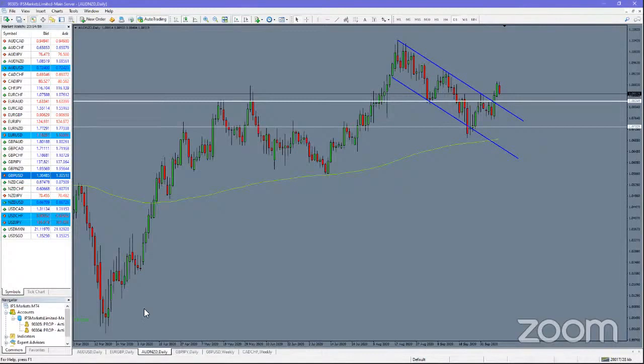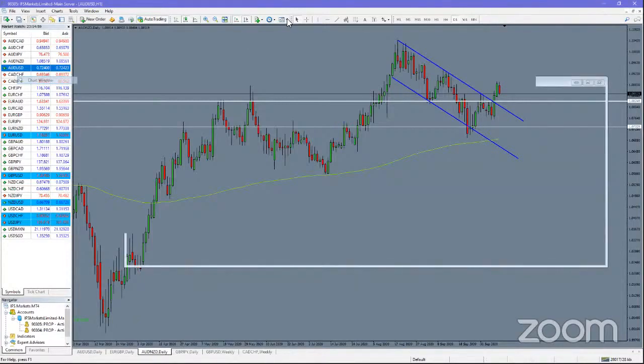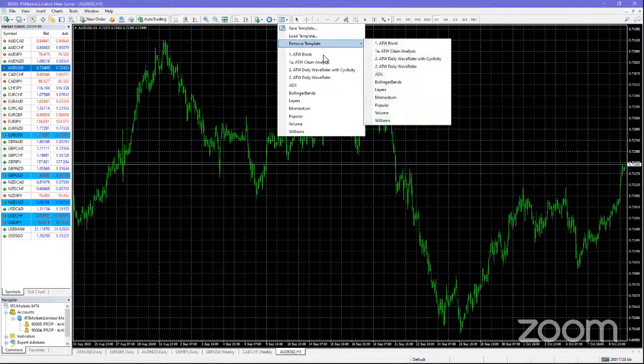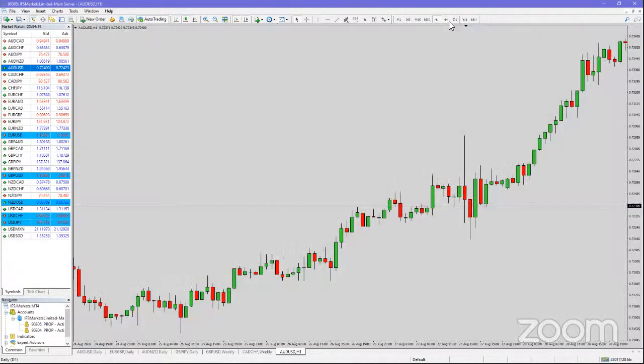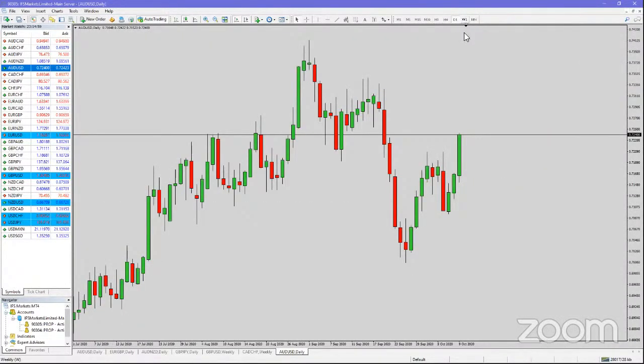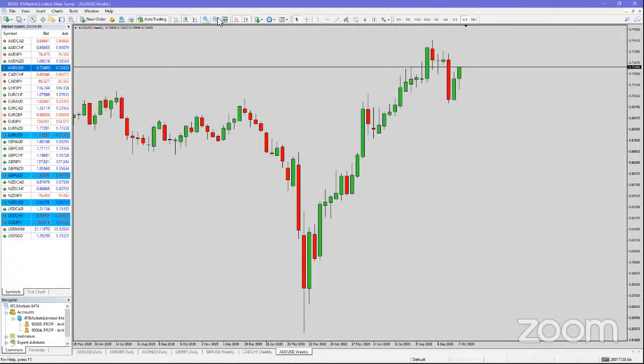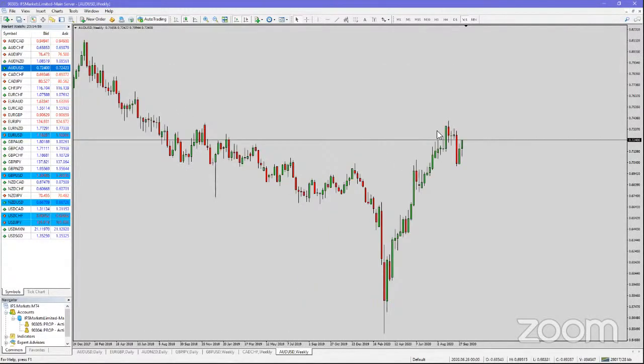In fact, the Aussie itself, if I can just open up another chart here, Aussie US dollar, has also been an interesting currency over the last maybe 1 to 2 weeks. This is the weekly chart for the Aussie.